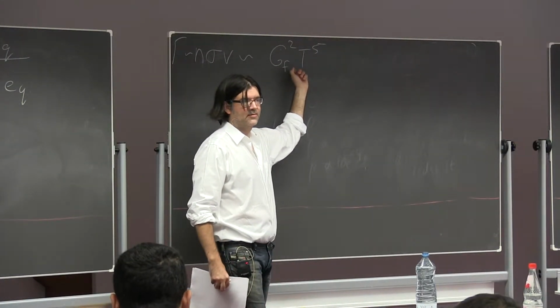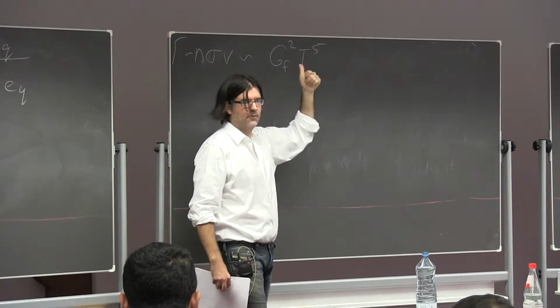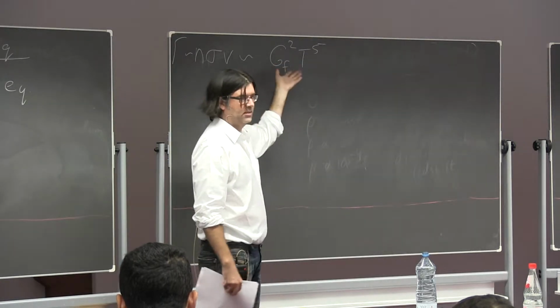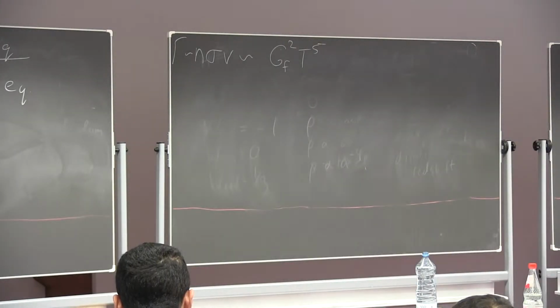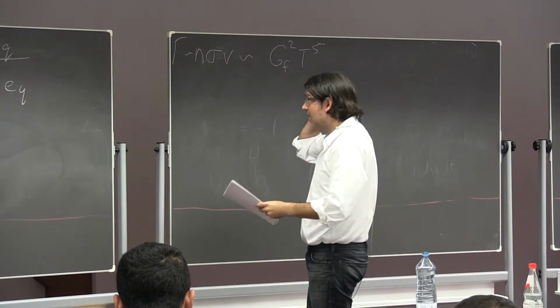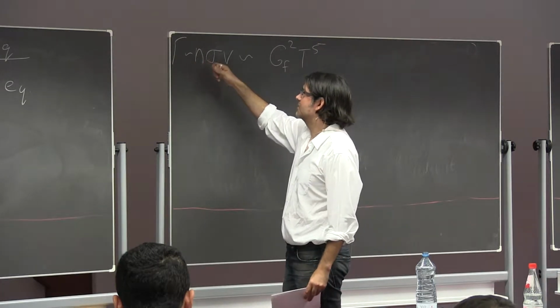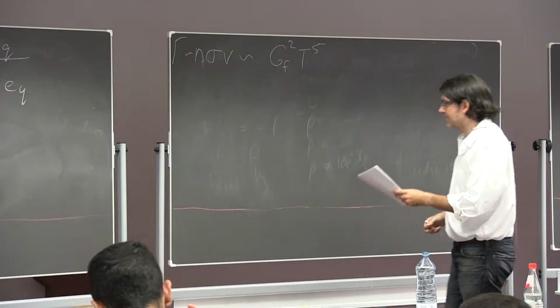That has dimensions of E to the minus 4. You've got to get your dimensions right. You only have one parameter sitting around to help you get your dimensions right. That's temperature. So you instantly know this is the rate, right? It's the only thing that you can write down if you're at temperatures which are above the mass of the electron, but below the mass of the Z boson. So this is the rate. Number density of neutrinos times the cross-section times velocity is G Fermi squared T to the fifth.